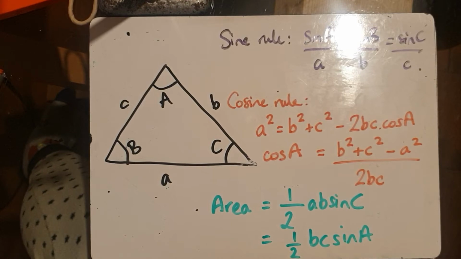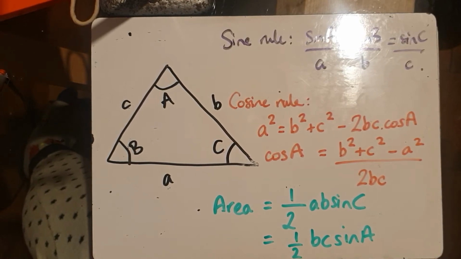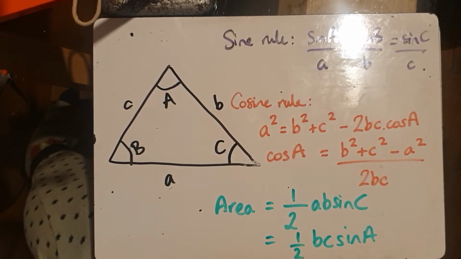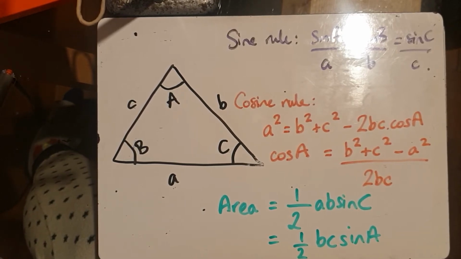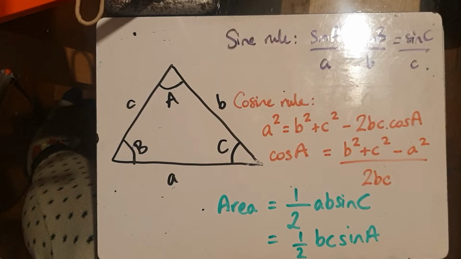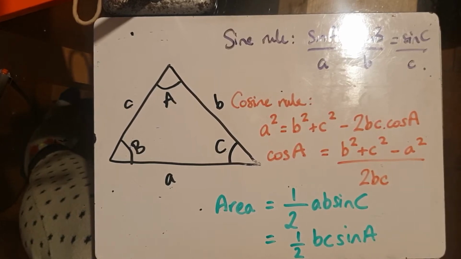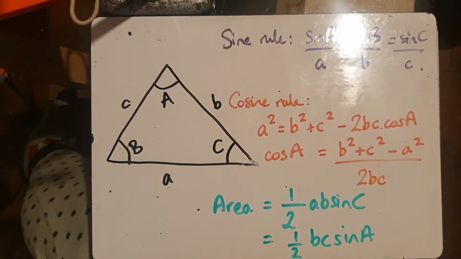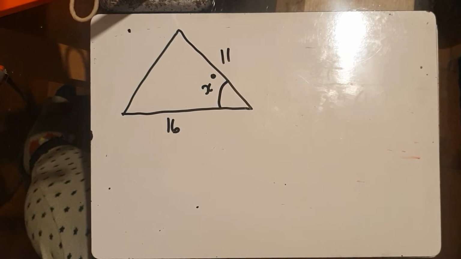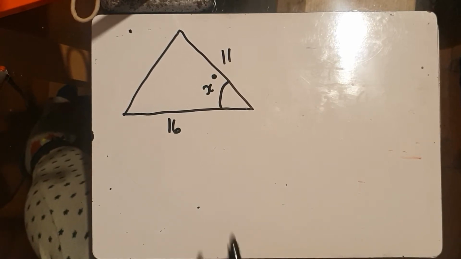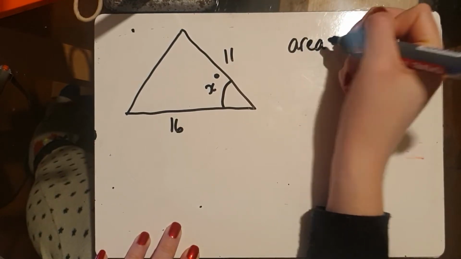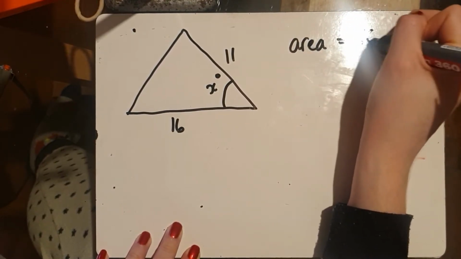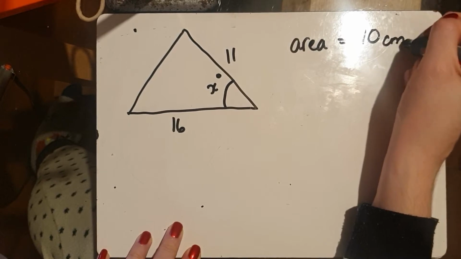I am not going to do a lot of examples of these because we have recapped it a few times. I'm going to do an example from the area document. So I am going to do question 5. Question 5 is a triangle that looks like this, and we are told that the area of this triangle is 70 centimetres squared.